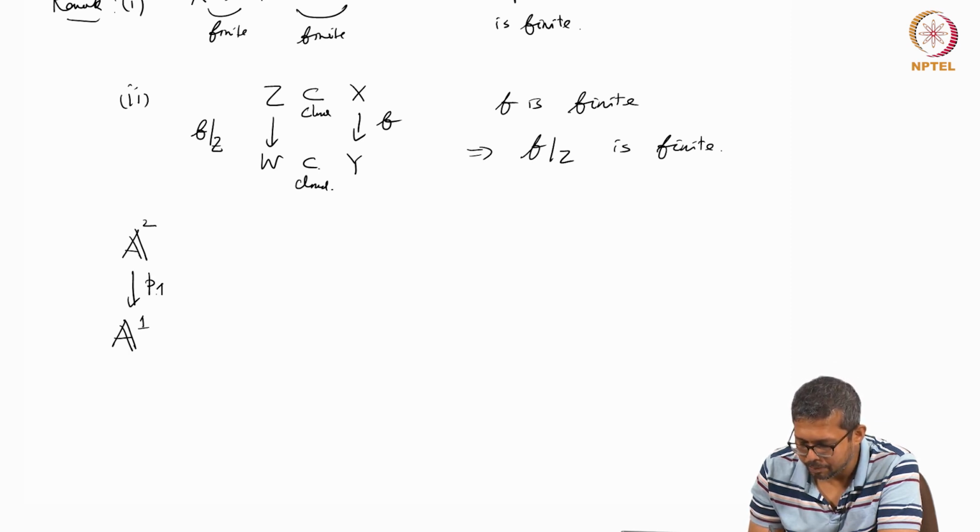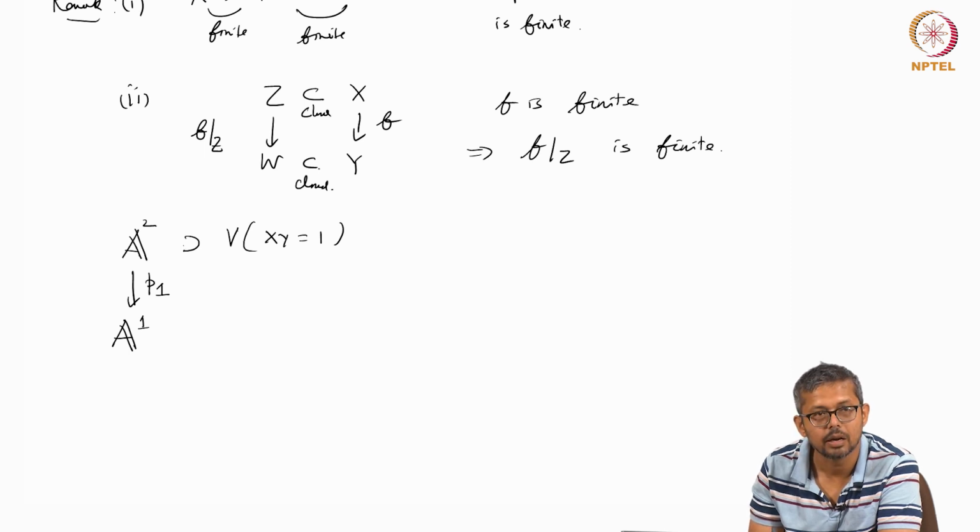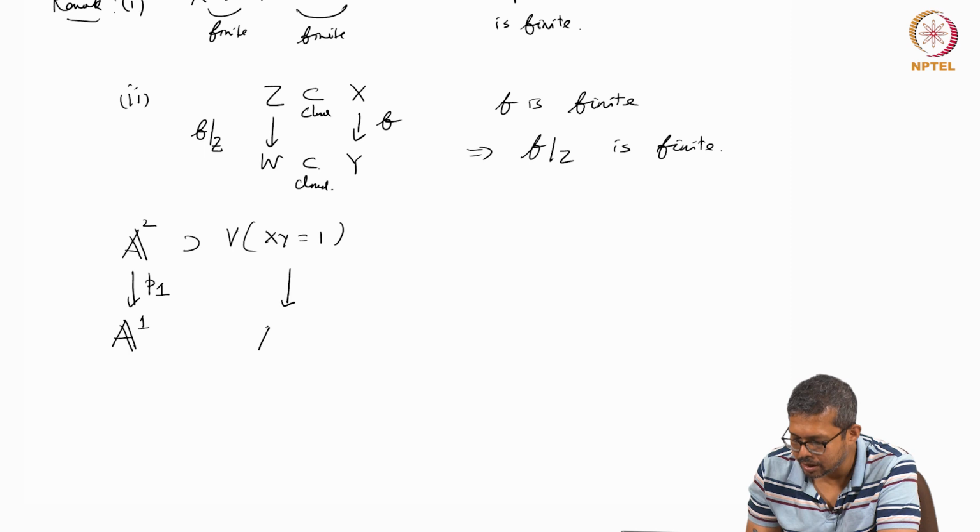Take the projection map and take the set xy equal to 1. This is a closed subset here. If you take the image, it is nothing but A1 minus 0, which is not a closed subset in A1.